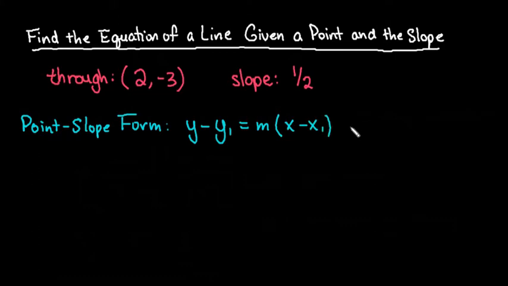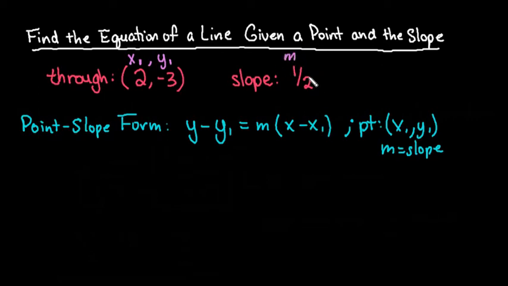So for this, the point that it passes through is the x1 comma y1, so we would just plug that in, and m is going to be the slope. If we look up here, that's telling us that this is our x1 and this is our y1, and the x and the y we leave, because in the equation of a line we leave both the x and the y. And the 1/2 is going to be our slope.